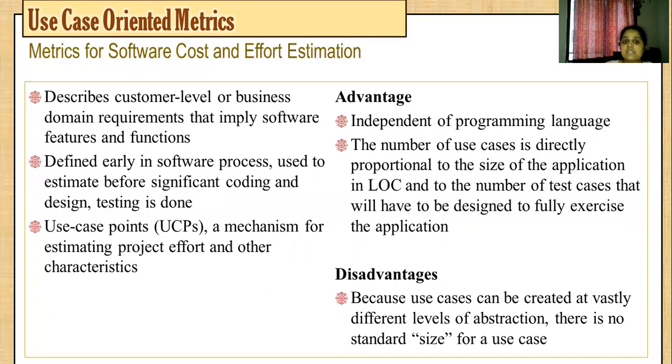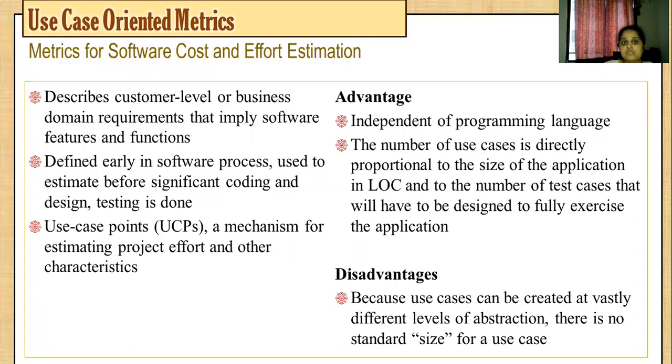There is also a method or mechanism, UCP, that is use case points. Like you have function points, you also have use case points. It is almost similar to function points, and it is also used for estimating the project effort and other characteristics.